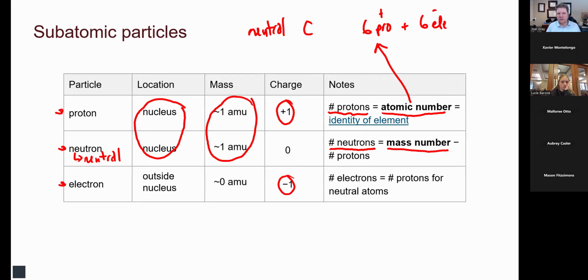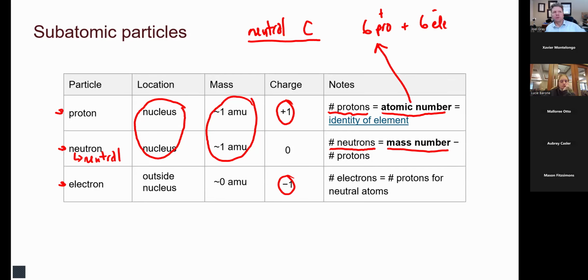Now, if I said you have neutral carbon, and I said you have 6 protons, 6 electrons, does that give you any information about the number of neutrons? Give me a Y or N. Just that statement. It doesn't. It does not.